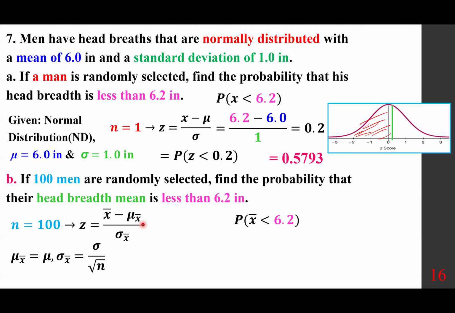In other words, X bar is 6.2. Mu of X bar is the same as mu, 6, and sigma of X bar is sigma, 1, over square root of n, square root of 100, and this is 10. Division by 1 over 10 means multiplication by 10, we get 2.